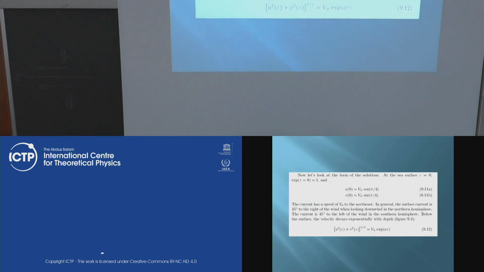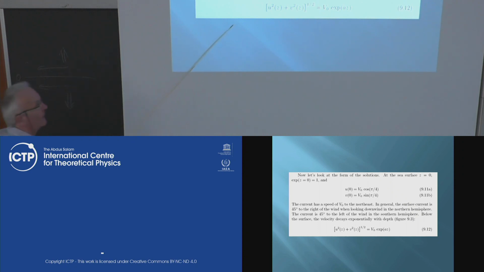Let's go and see how. Now let's see the form of the solution. At the sea surface with z equals 0, the exponent of z equals 0 is 1. So we have the sea surface velocity. This is the boundary surface wind-induced velocity.